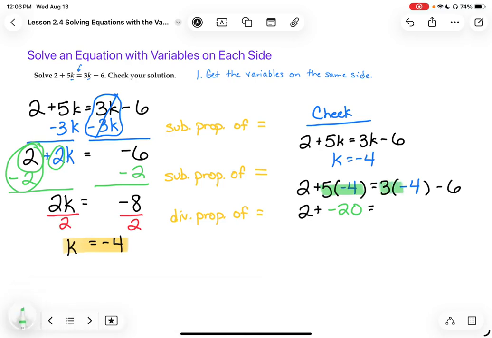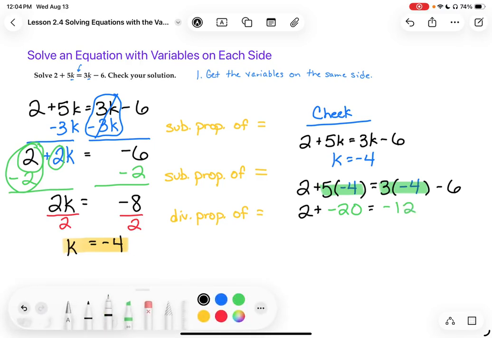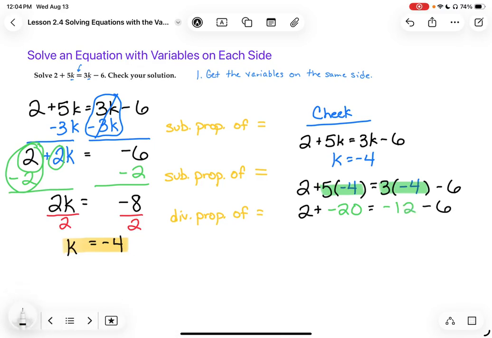And on the other side, we've got 3 times negative 4, which is negative 12. So negative 12 minus 6. So 2 plus negative 20 is negative 18.